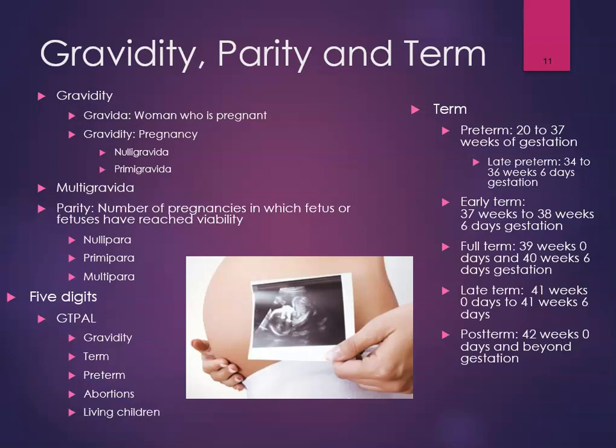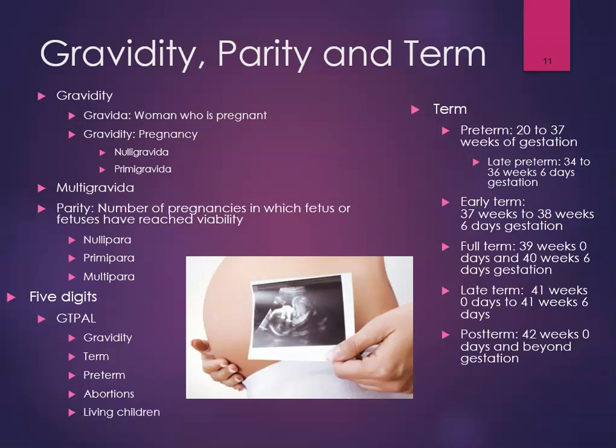So it's important for you to understand that the first 4 numbers, the G, T, P, and A, are all based on number of pregnancies, not number of fetuses. So when we're talking about number of pregnancies, if it is a multi-fetal pregnancy, if they're having twins, they still only get a 1 for that.